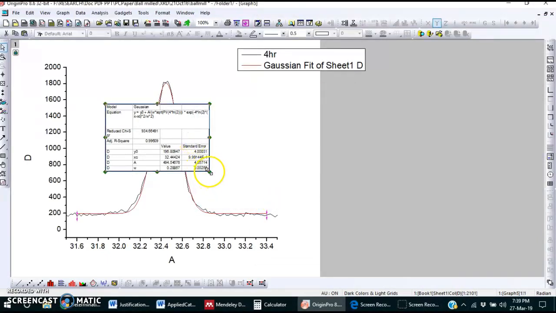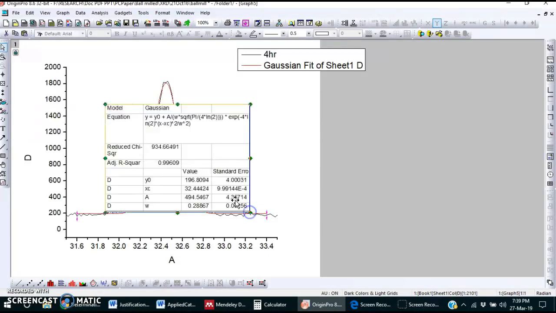So this is the parameter. From here we can find the peak position, which is 32.4442, and FWHM is 0.28867. These two readings we will note down in our notebook.